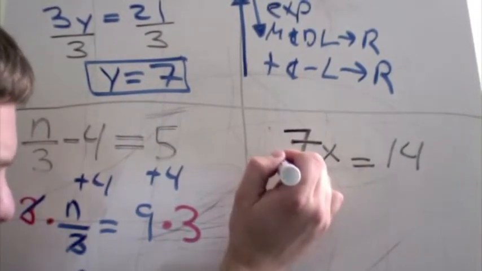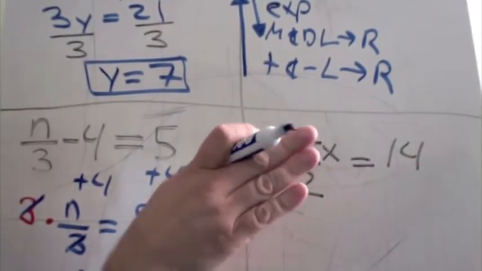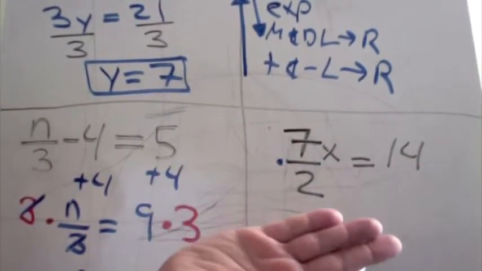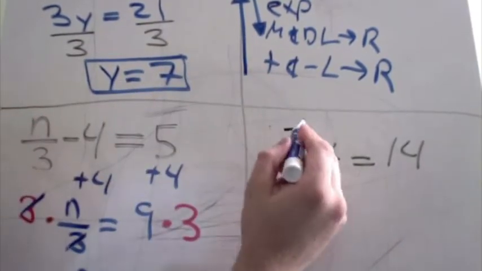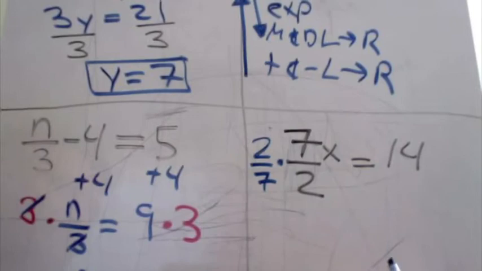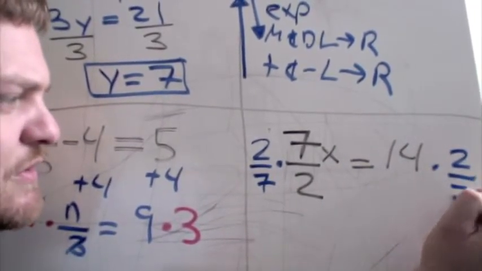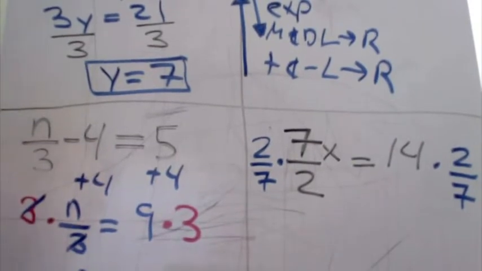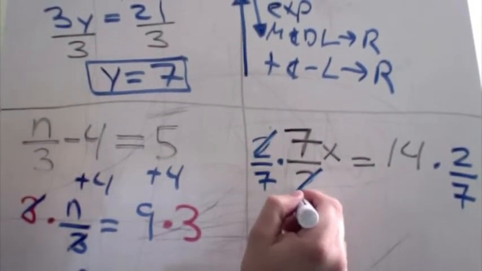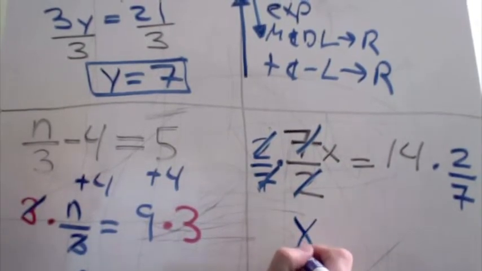I'm going to simply multiply by the reciprocal. The reciprocal is you just take the numerator and the denominator and flip them. So the reciprocal of 7 over 2 would be 2 over 7. So I'm going to multiply both sides by 2 over 7. Because the 2 over 2 cancels and 7 over 7 cancels, I'm left with x.